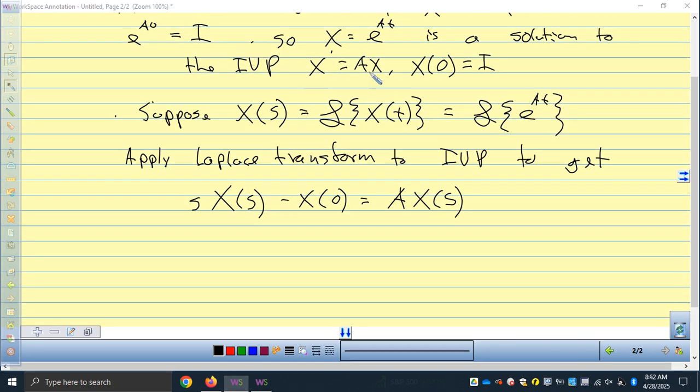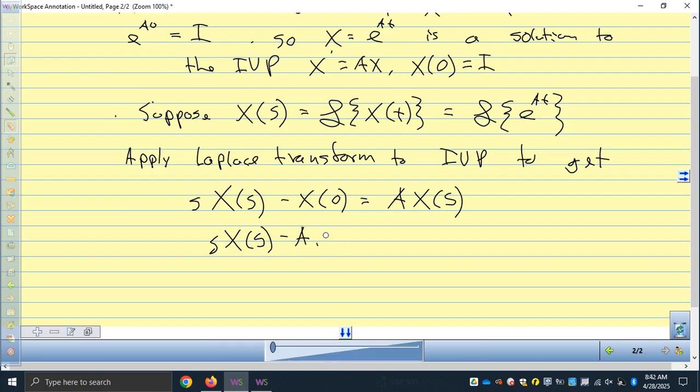So we're just applying our Laplace transform to this. And I'm going to substitute these values. So we get sX(s) minus AX(s), and x(0) is I, so we get an I there.